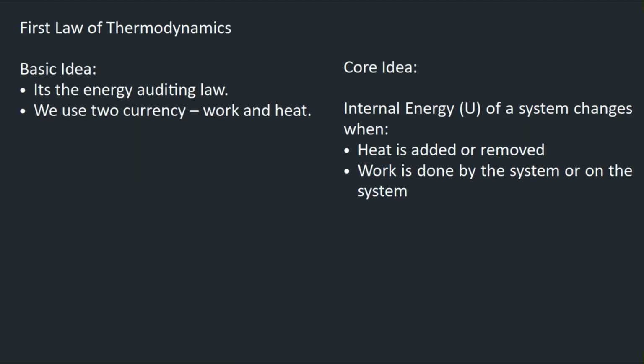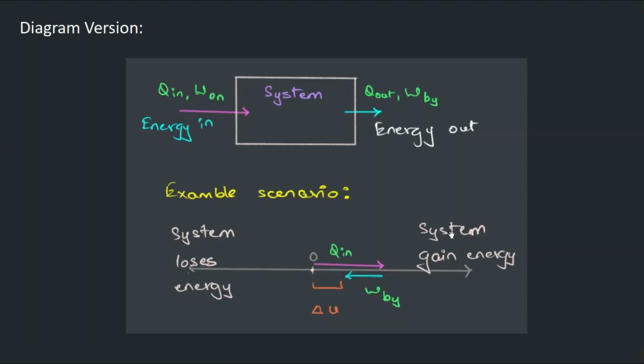Just a small introduction. The first law is an energy auditing law. The currency that we deal with is work and heat. The core idea is that the internal energy of the system changes when heat is added or removed, obviously, and when work is done by the system and on the system, again, obviously. So this is a rough diagram. We have a system, and energy can come in or go out.